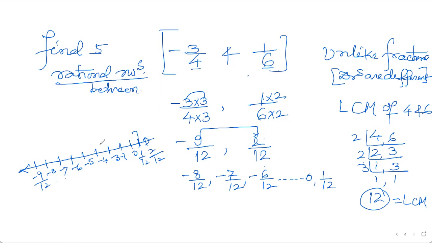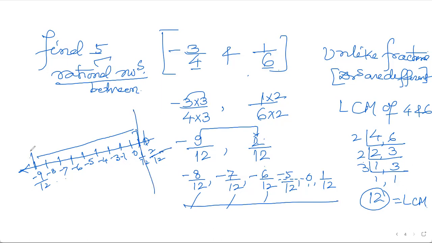So these are the numbers between minus 9 by 12 and 2 by 12. A lot of numbers are there, and they are asking you only 5, so you can take any 5 from here, and even 0, even 1 by 12. Numbers can be taken in between, but you should not exceed this, and you should not go beyond that. You take only the numbers between these.